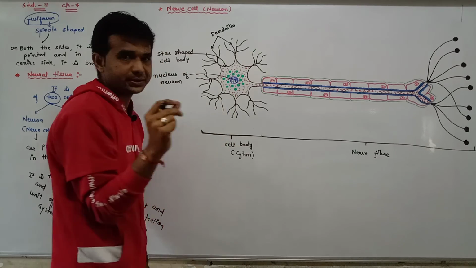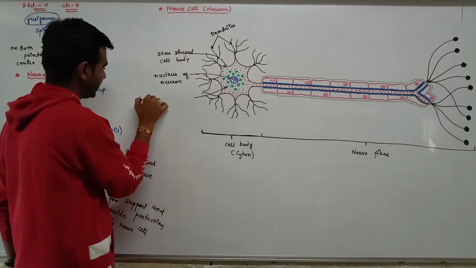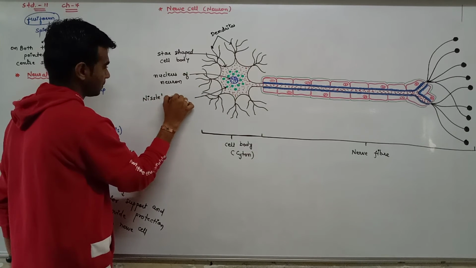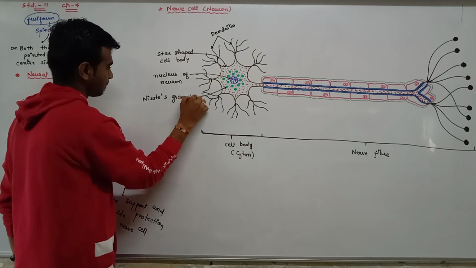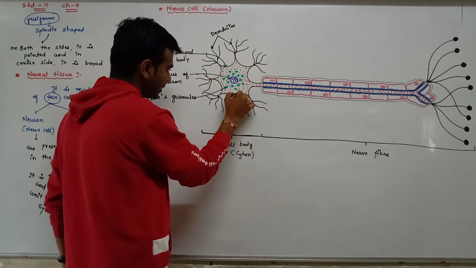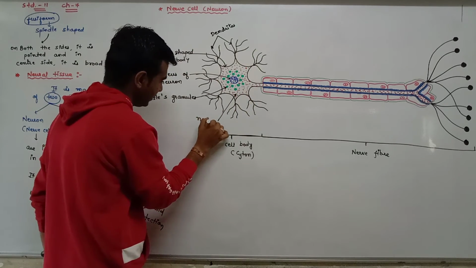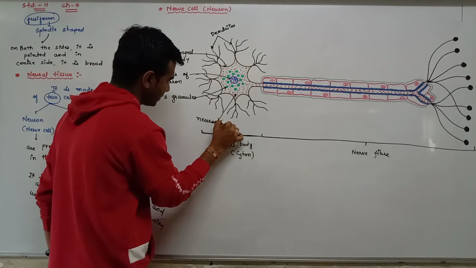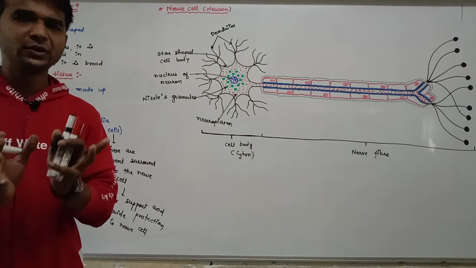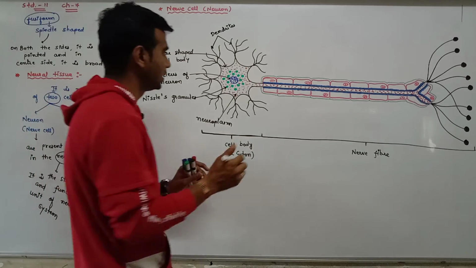Surrounding the nucleus, the green dots are known as Nissl's granules. And the red color dotted portion is known as neuroplasm, or you say the cytoplasm of the nerve cell, the fluid portion.